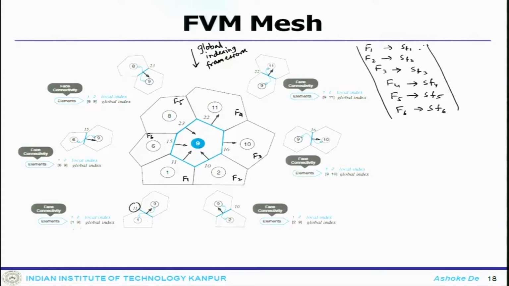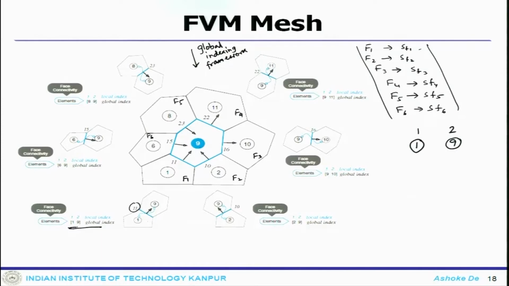Now, for this surface vector, we maintain a global indexing of 1 and 2, which is sort of universal for any 2D element associated with one space. 1 means the connecting global indexing, which is here, element 1 to element 9.